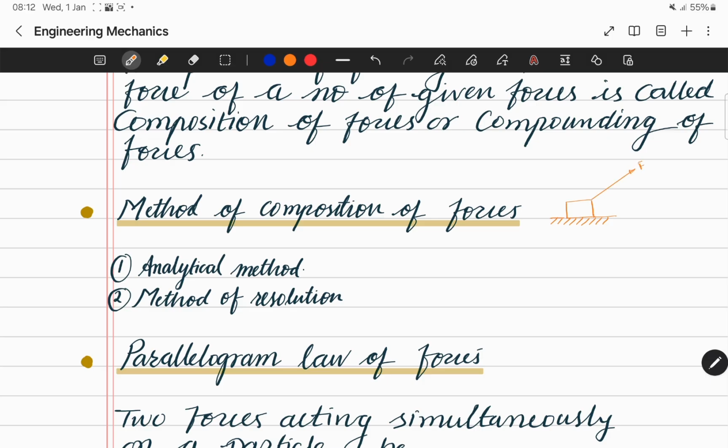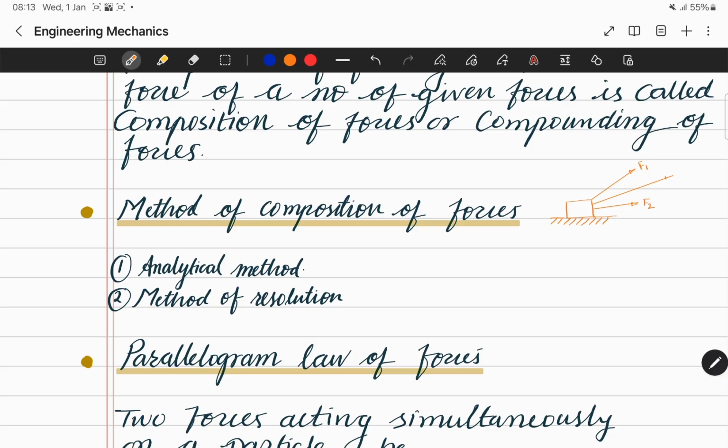This is F1 and this force is F2. Okay, so this is F1 and this is F2, and what will be the resultant force if these two forces' effect is equal to another force.